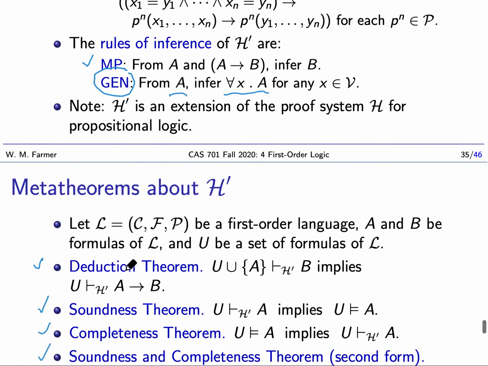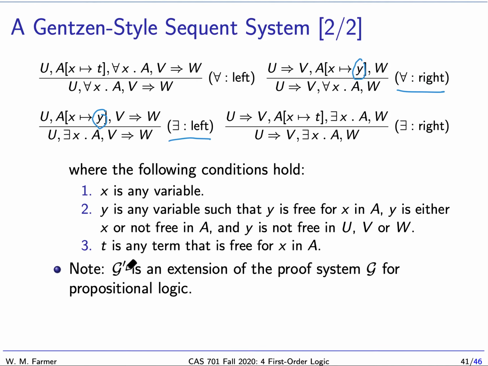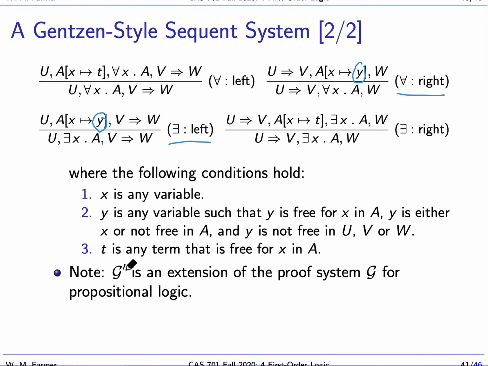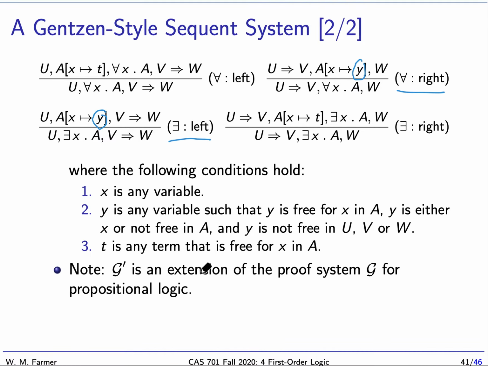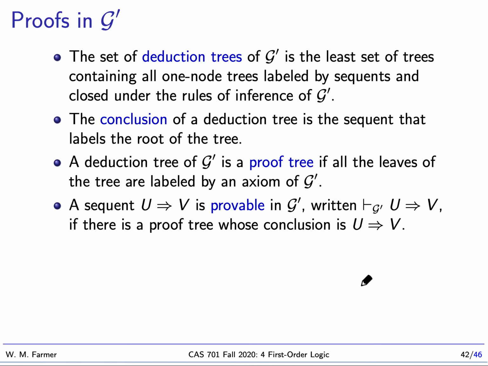These two rules correspond to generalization. Okay, and like H prime being an extension of H, G prime is an extension of G, which means anything we could prove in propositional logic, we can still prove in G prime.